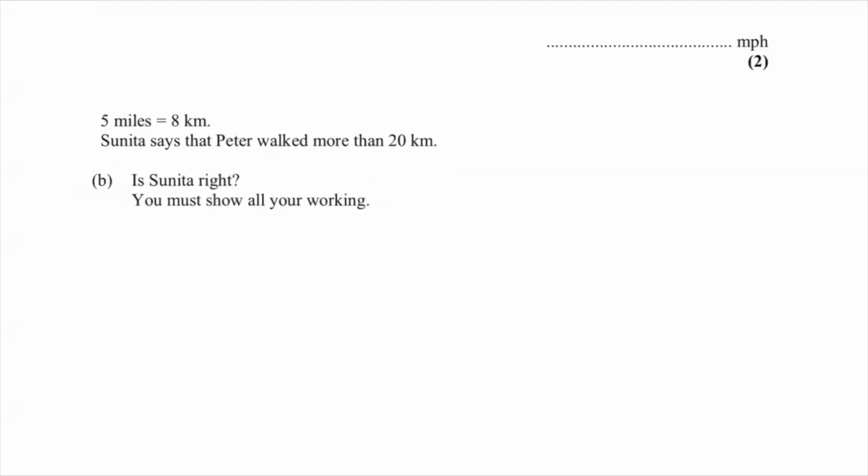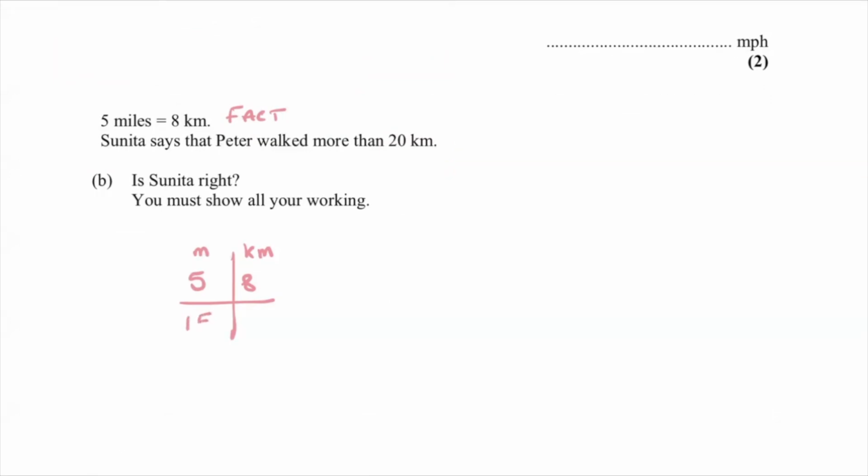Sunita says that Peter walked more than 20 kilometers, and we've got this fact here that 5 miles is equal to 8 kilometers. So I'm going to put my fact in my grid. So 5 miles is 8 kilometers. We know from part A that he walked 15 miles.